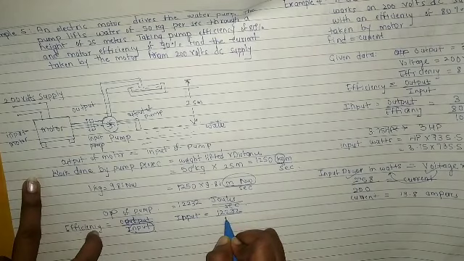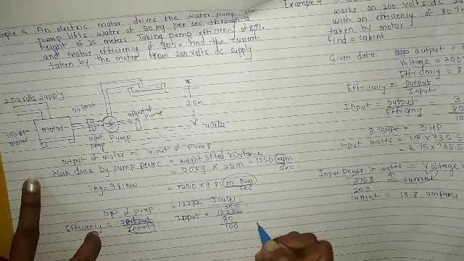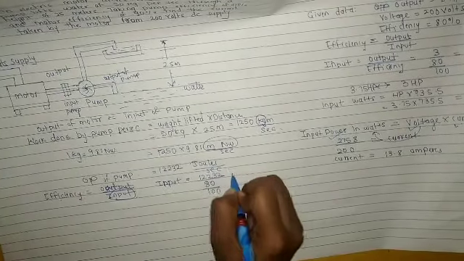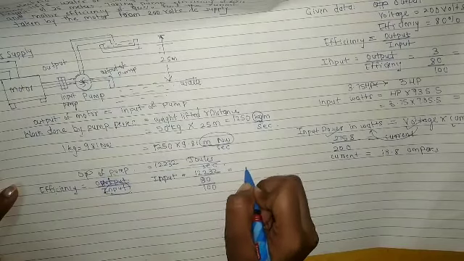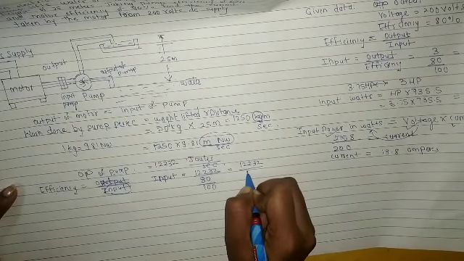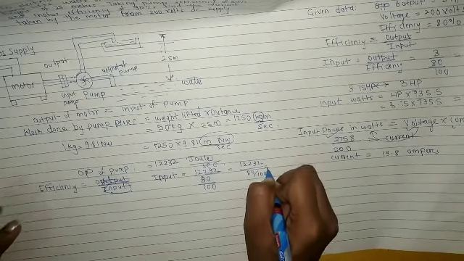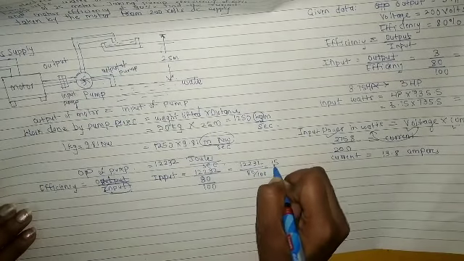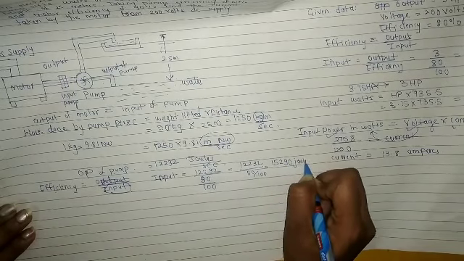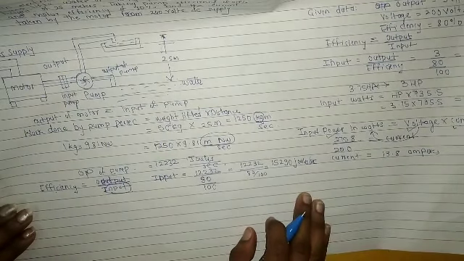We have to convert it, so this will be 80 divided by 100. The calculation will be 12232 divided by 80 by 100. So our answer will be 15290 joules per second. This will be our input power of the pump.